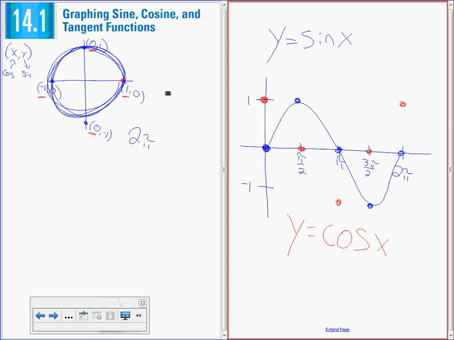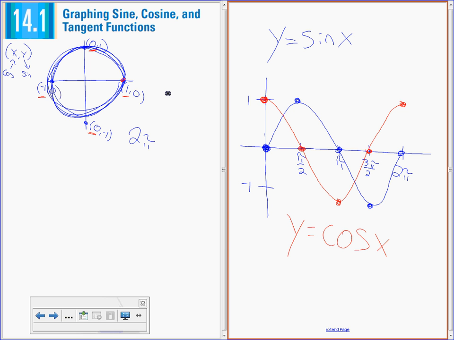So the only difference between a sine and a cosine graph is that one of them starts at 0, and the other one starts at 1. That's the only difference. It still oscillates similarly. They both work the same way. So then you just do y equals cosine of x.